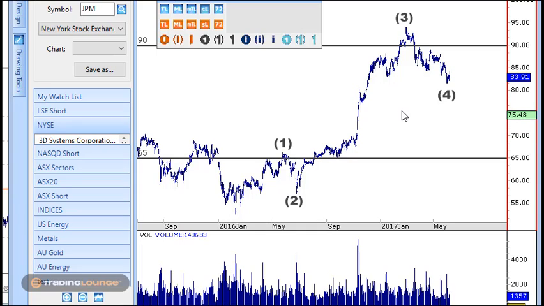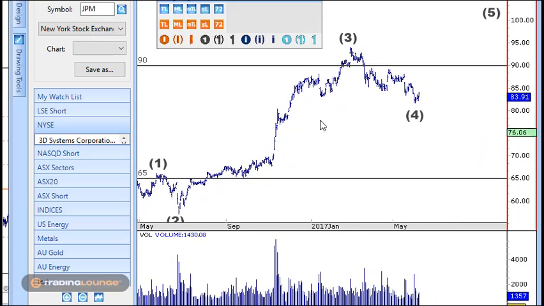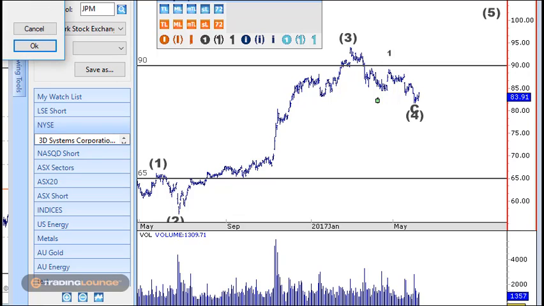Now, the thing about fourth waves is that they can get a little more complicated. Currently in this situation, we do have a nice A wave to here, B wave to here, and C wave to here. I'll put these on the website shortly, probably with a little more detail.